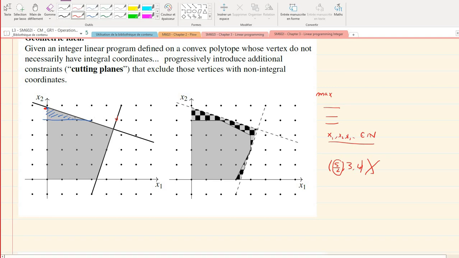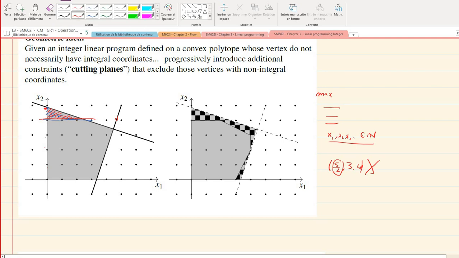So that's why I will put a new constraint. This constraint will say, you don't take anymore all the points that are above this dashed line. So you remove all these points. I don't care about these points because even if the solution is in this area, it will not have integer coordinates. Their ordinate is between 4 and 5, so it's not integer.